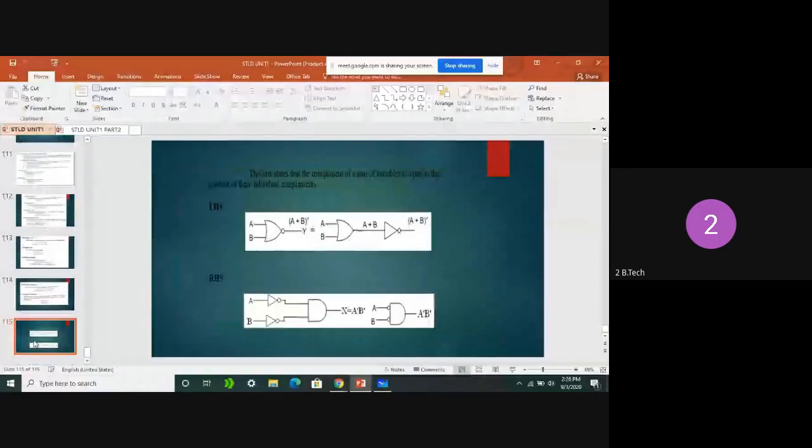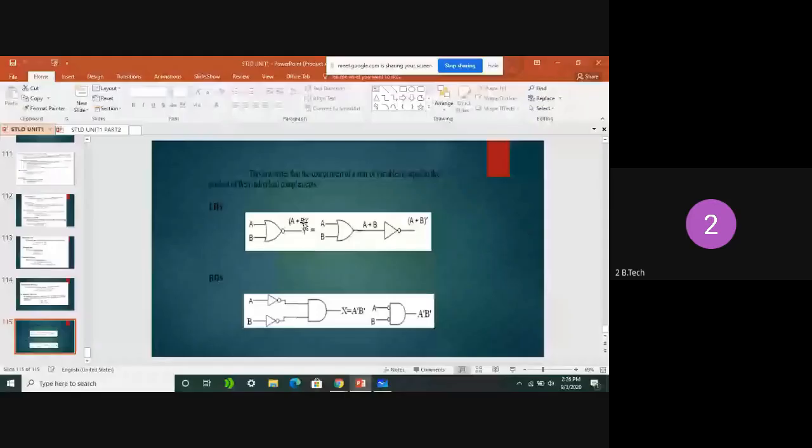And see here, De Morgan's law. This is the NOR gate. Using the NOR gate, we have A plus B whole bar, which is also equal to A bar into B bar. So NAND and NOR gates are similar in this sense.